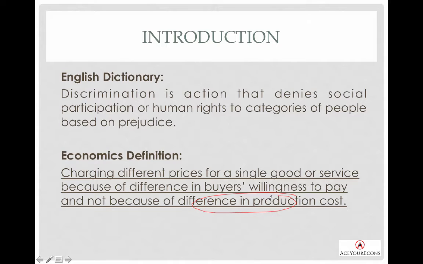Why is this so? This is because there is higher production cost involved when everyone uses electricity. PUB has to hire more engineers to stand by. PUB has to burn more fuel. So this is a difference in production cost due to peak hour usage, and this is not price discrimination.